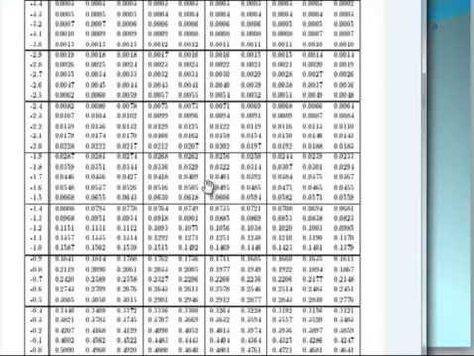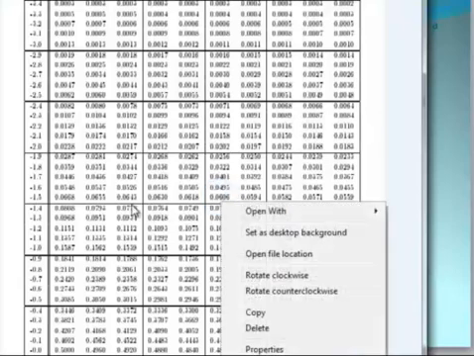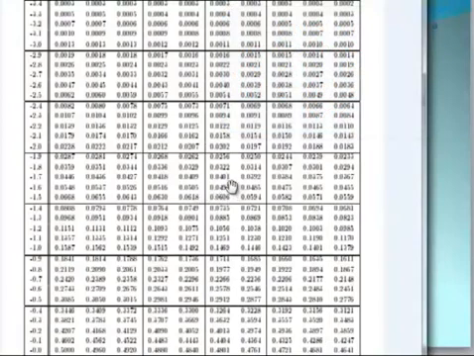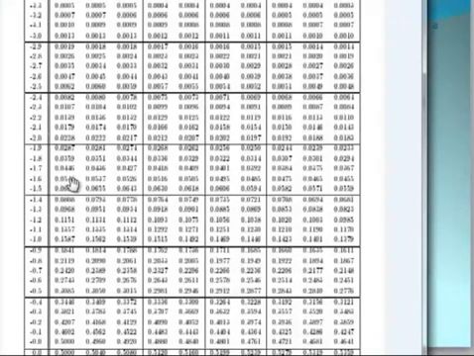Okay, it's right around 0.0495 or 0.0505, one or the other. And if we go look, that's going to be right around minus 1.60, 1.61, 1.62, 1.63, 1.64, 1.65. So we'll call it 1.65.